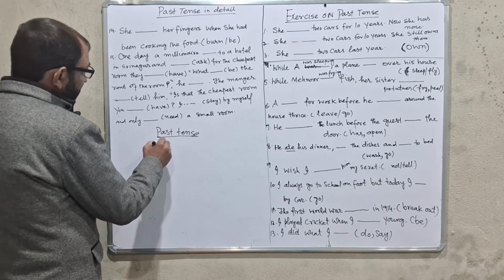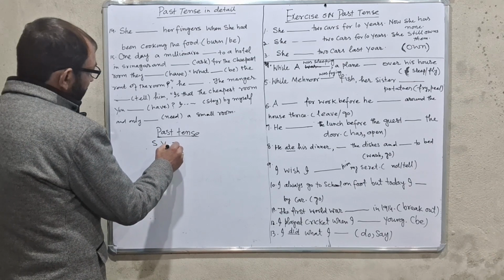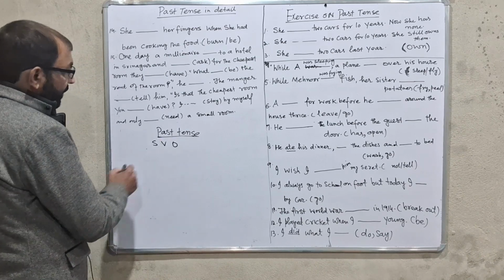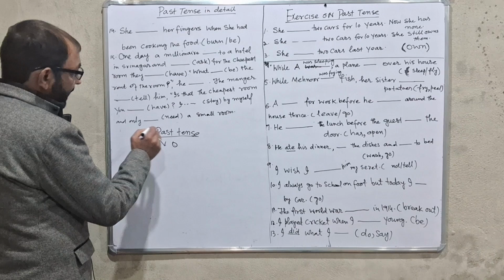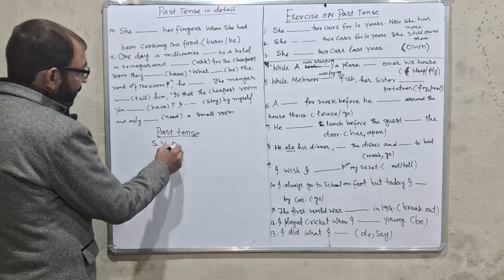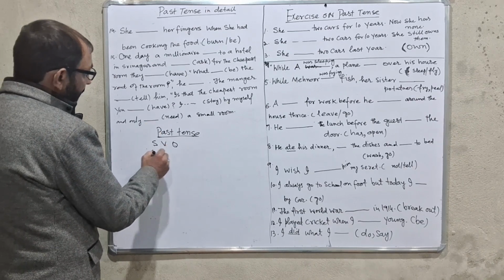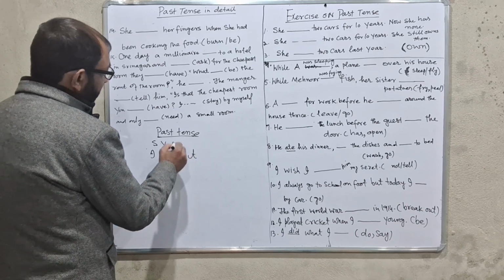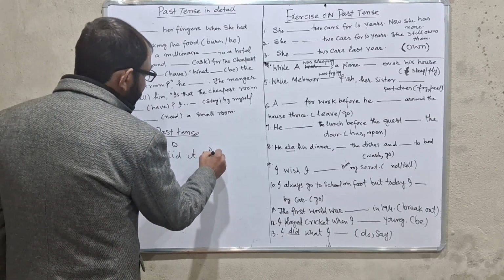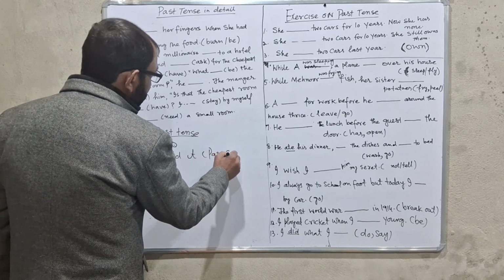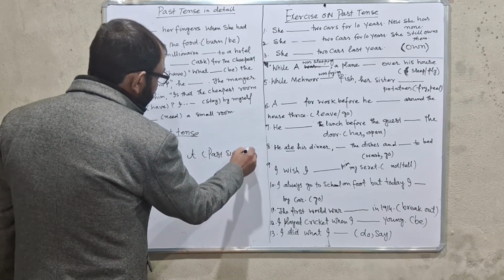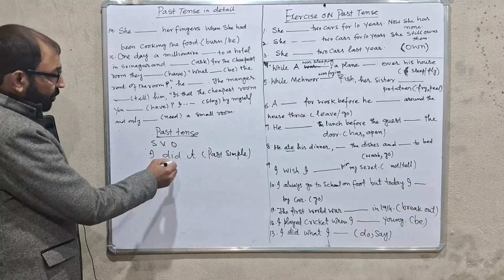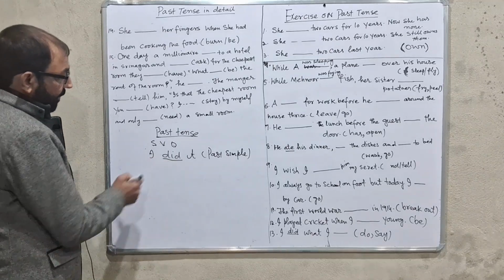Here I will write a simple sentence structure for you: SVO, subject, verb, and object. I did it. This is past simple representation, shown by the verb second form.